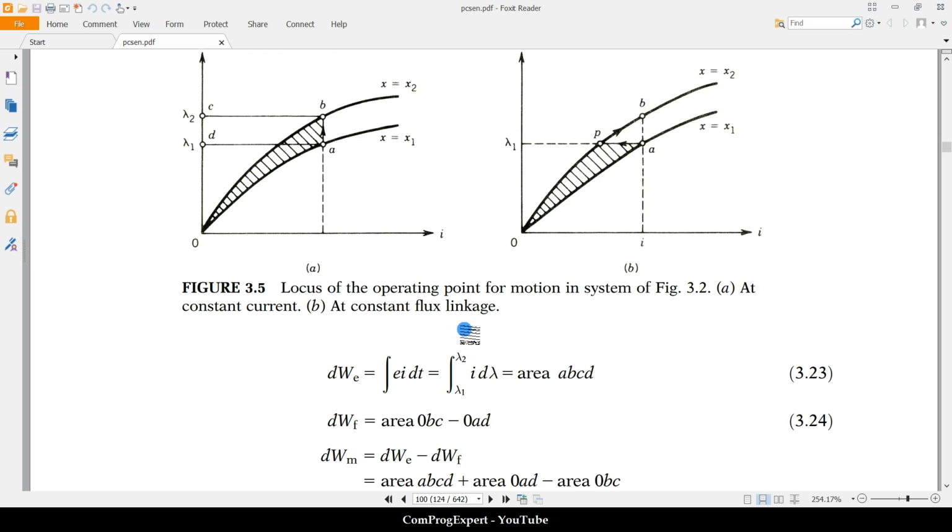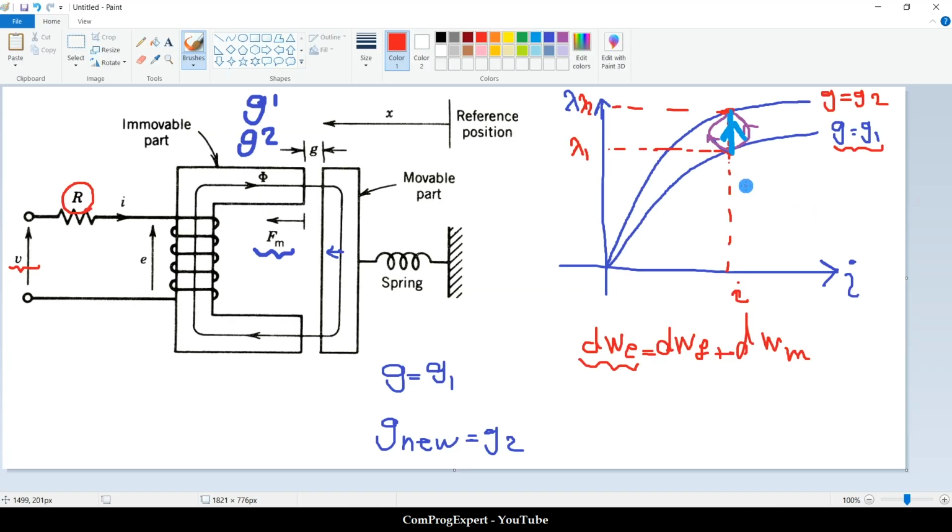So in this case, this integral is the area of this rectangle. Let me show this area by this orange color. This is dWe that we have.